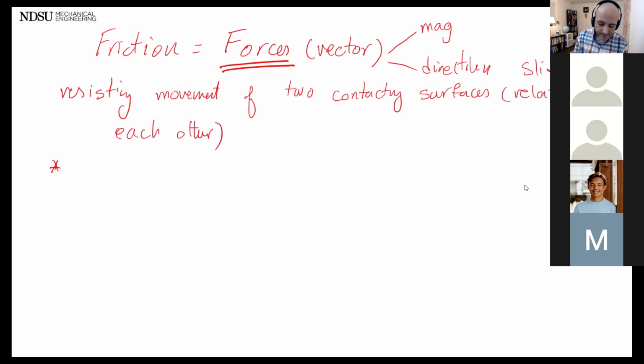It is always tangent, okay, not parallel, those are different, tangent to the surface, and it is in the opposite direction of movement.